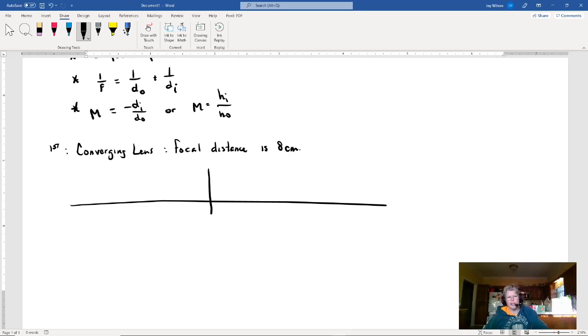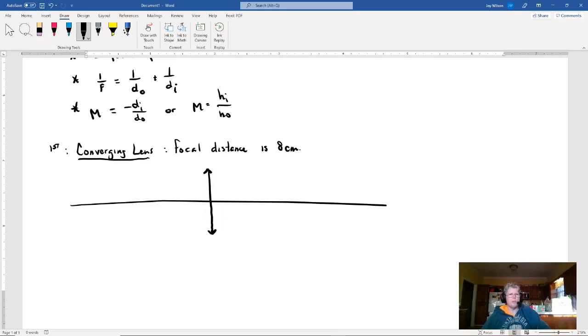AP is going to show it like this and tell you it's converging, or at the top and bottom they will make these little arrows. This means the lens converges because it bows out on each side. That's what they're trying to show you without actually drawing a thick lens, because we're treating these all as if they're very, very thin. So a converging lens will have the arrow tips to indicate.